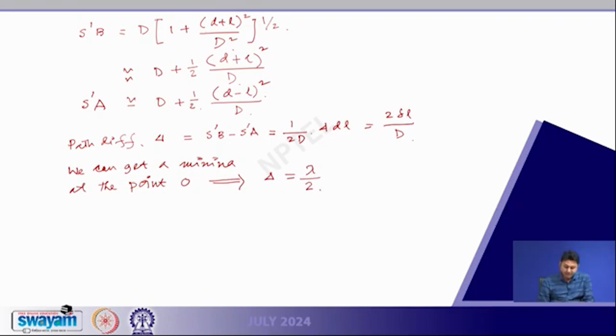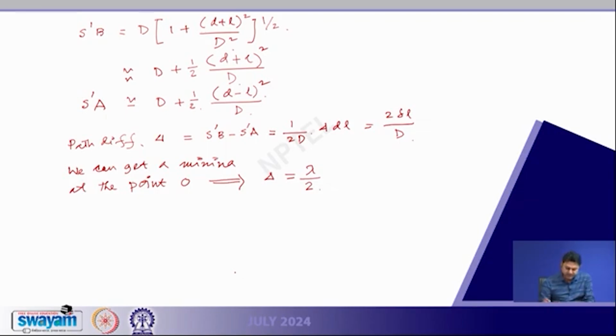The lowest value I can take is lambda by 2, though any odd multiple of lambda by 2 is the condition for which we can get the minima. So in that way, S will produce a maxima there and S prime will produce a minima there, so no fringes will be there because of that condition. No interference pattern will be there because of this.